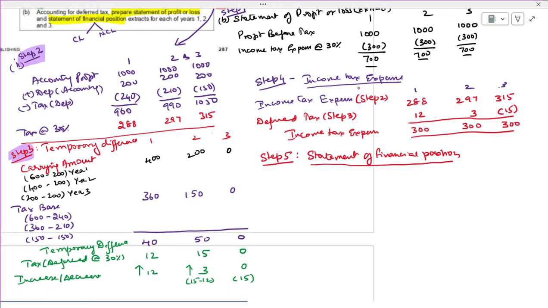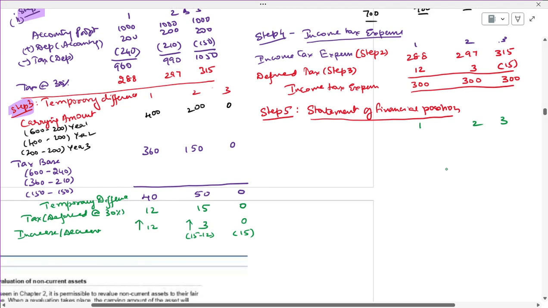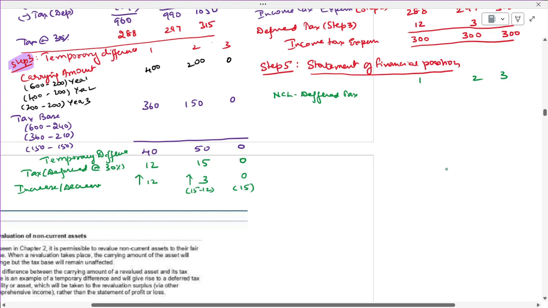In the statement of financial position, same thing, 1, 2, 3. How much you are paying? Non-current liabilities, deferred tax. Non-current liabilities, deferred tax will be from where you are getting? You are getting from here.